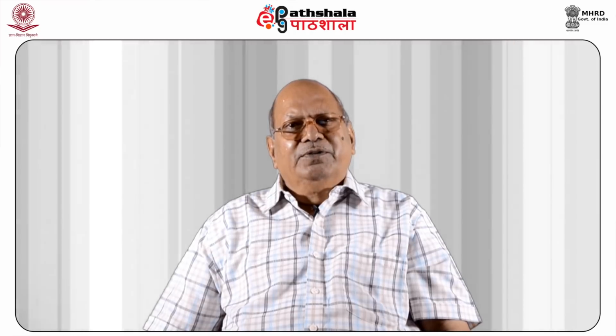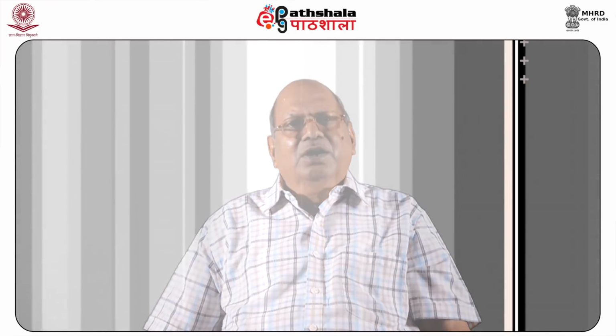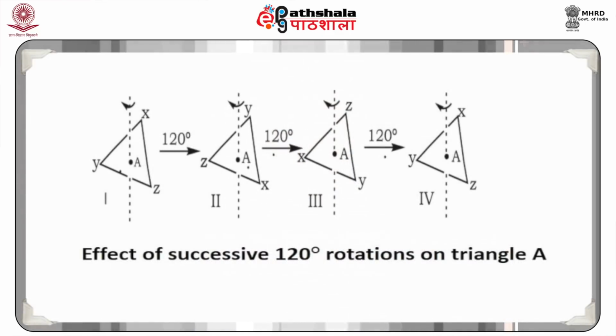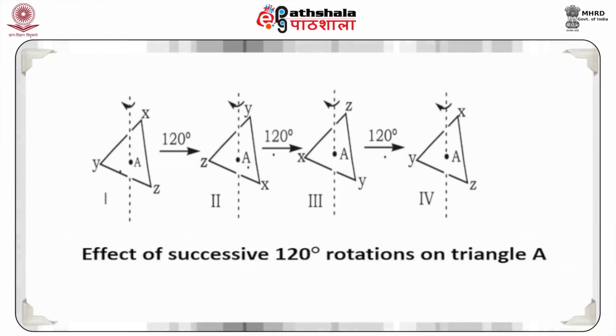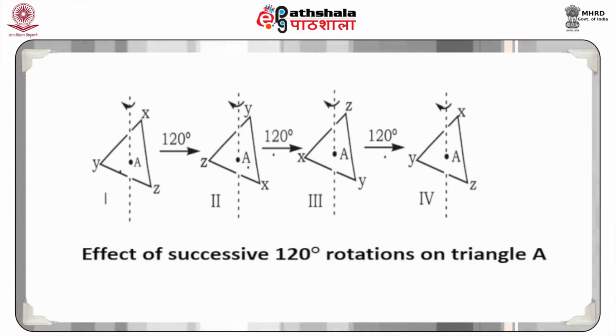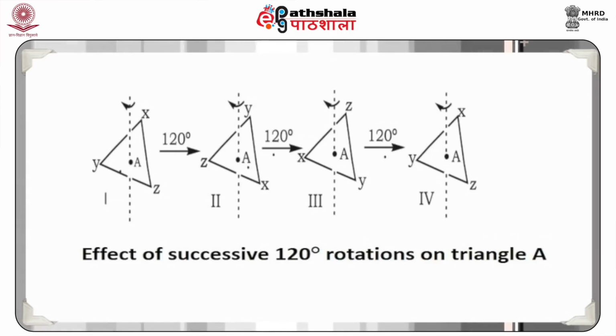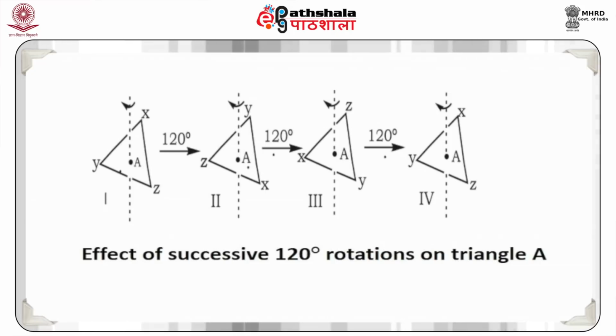Let us go a point further. I take triangle A again, and now instead of taking the vertical line passing through x and dividing yz, I take a line, an imaginary axis, passing through the midpoint of this xyz plane as shown, and give a clockwise rotation to this figure, that is 120 degrees.